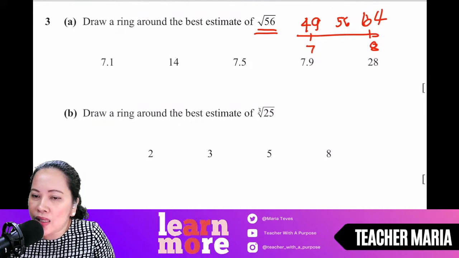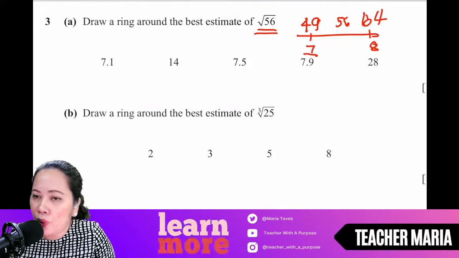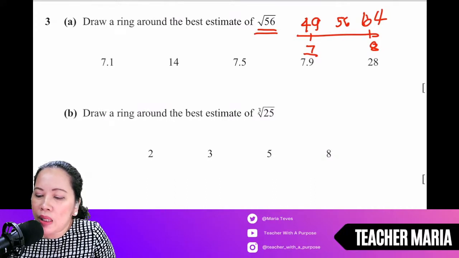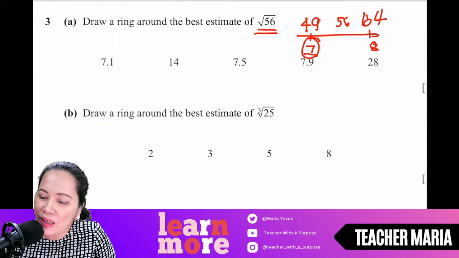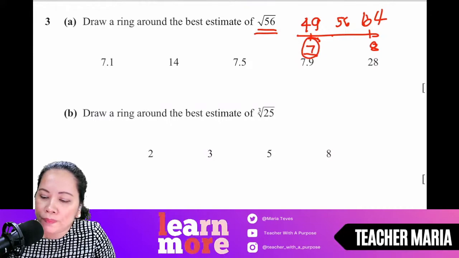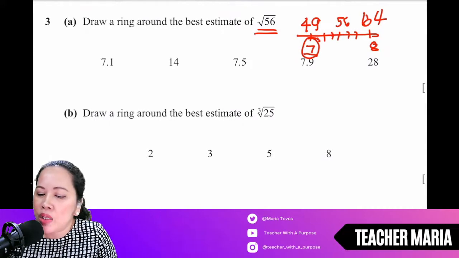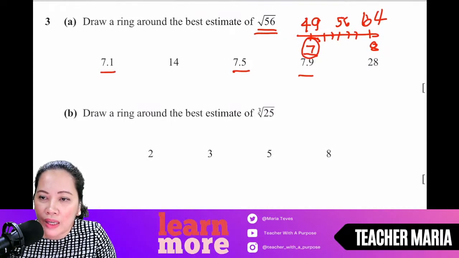So when we say estimate, that means that 56 must be 7 point something. It cannot be 8 point something. Why? Because the perfect square before 56 is 49. That is a 7. That means that before you reach 64, this will be your decimal places in between. So it's either this, or that.